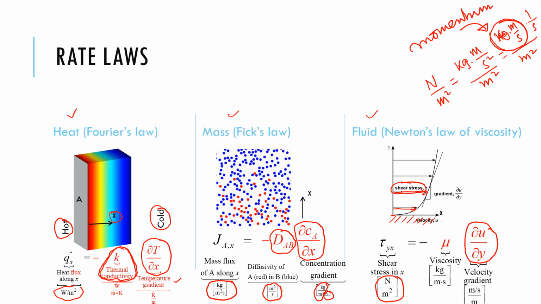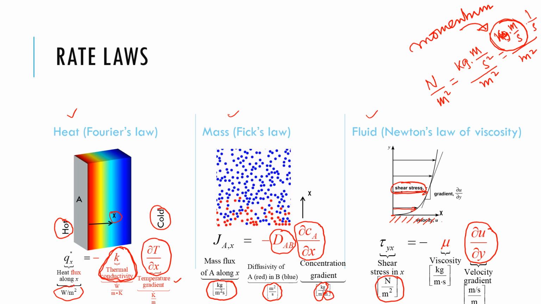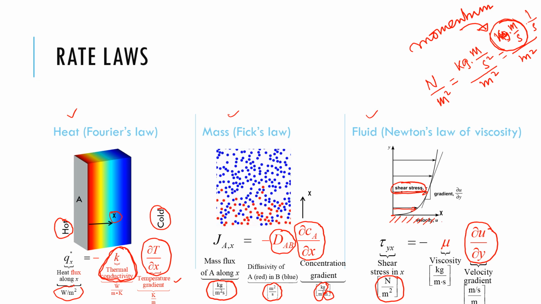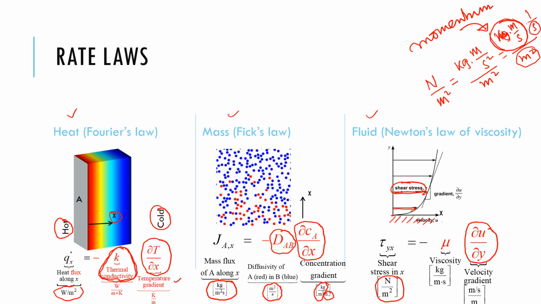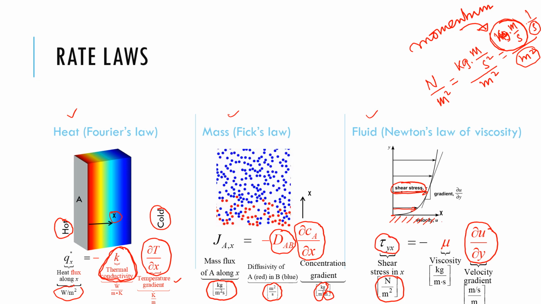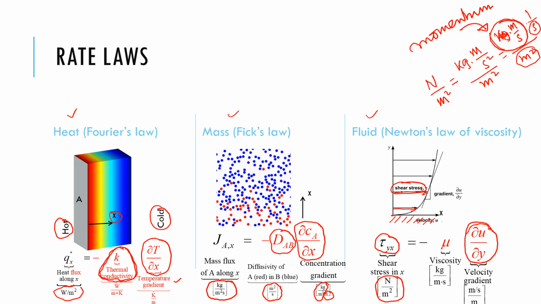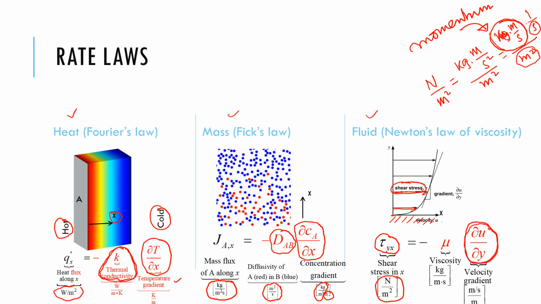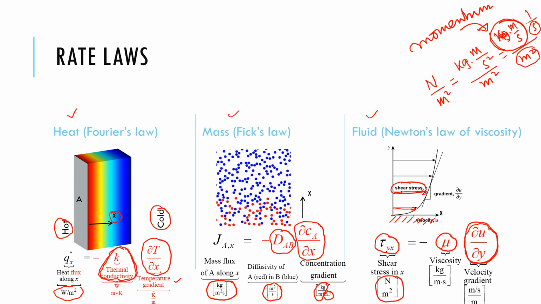So it's mass, because it's mass times velocity. So it's momentum per unit area per unit time. So it's momentum flux. So this also can be thought of as momentum flux that is proportional to the velocity gradient, and the proportionality constant has to do with the material.